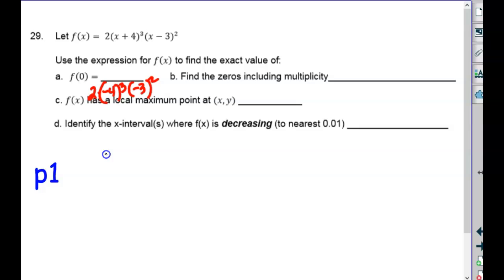So I'm going to make my window, leave the x's negative 10 to 10. I'm going to try 1,000 to negative 200 for my y's. Say, except I did that backwards. It's going to be negative 200 to 1,000.